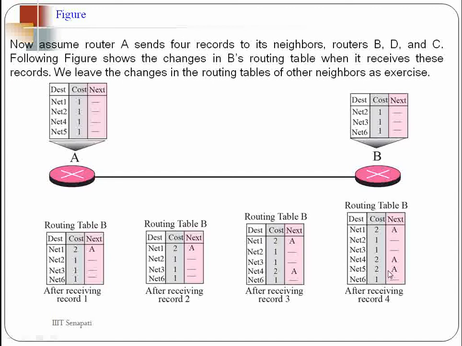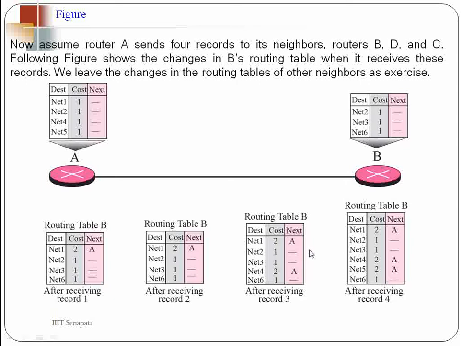So that is a very simple algorithm, the distance vector routing algorithm. What is happening is A sends its records to B, C and D, and then all of these also share their information with each other, and it will be repeated.